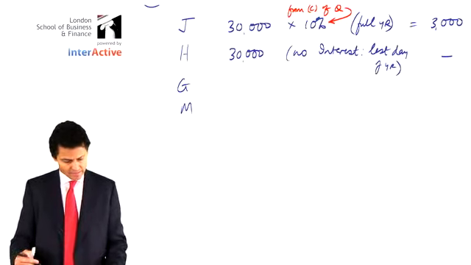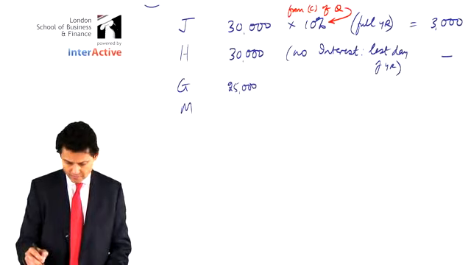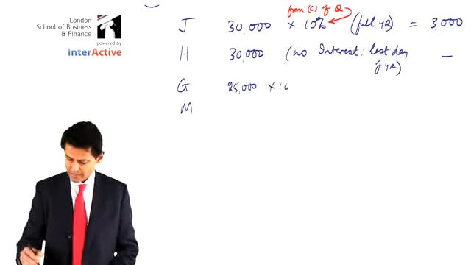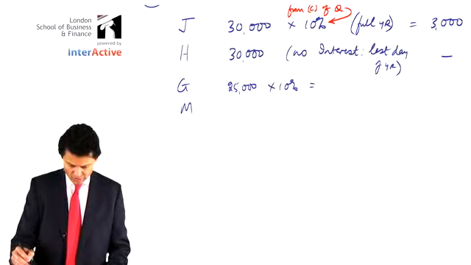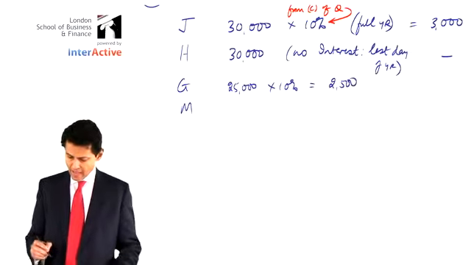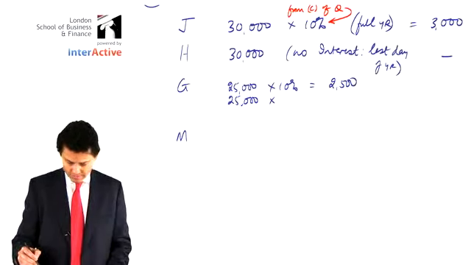The other partner, Gary, if you remember, has a very expensive lifestyle, has withdrawn 25,000, 10% for 12 months, which is 2,500, and of course another 25,000 at 10%, but this one is on the 1st of January.